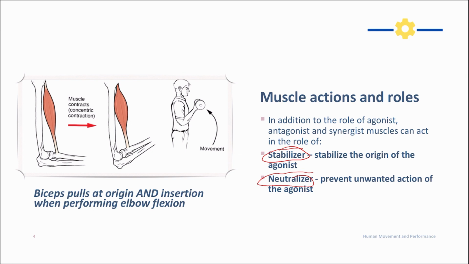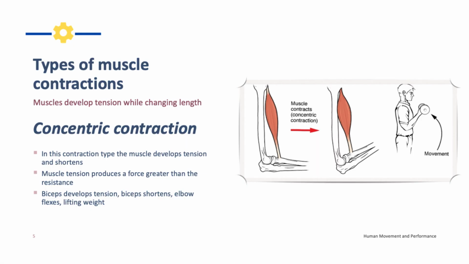So if I want to do a bicep curl and I don't want to supinate my forearm and I don't want to flex my shoulder, I have to contract additional muscles to prevent those motions from occurring. So then the biceps results in only causing elbow flexion. So those are a couple other muscle actions and roles, and the example specifically here is for elbow flexion.